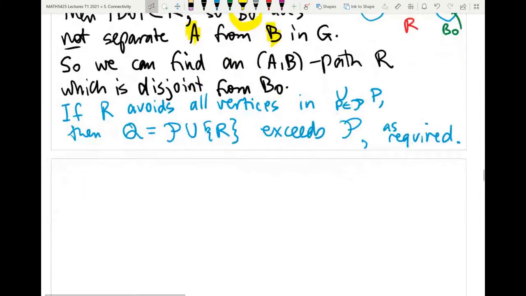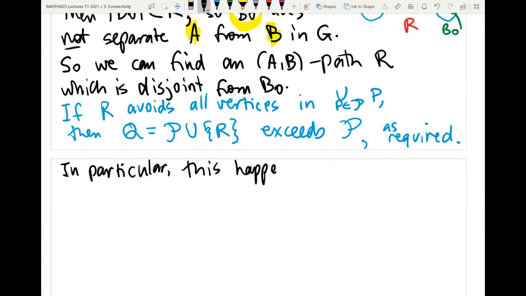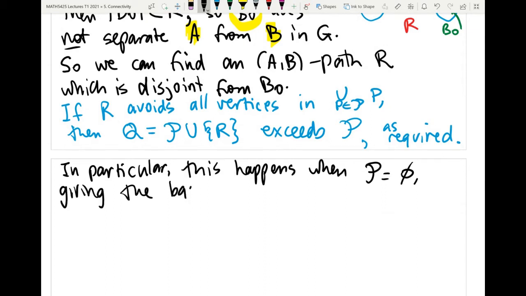So this is the base case. In particular, this happens when curly P is empty, which is where you start, giving the base case of the induction.